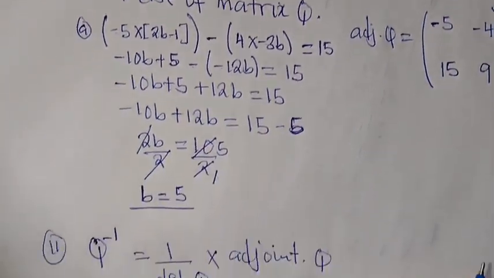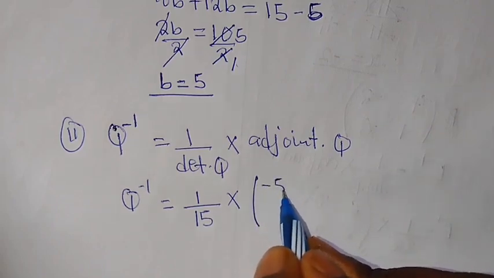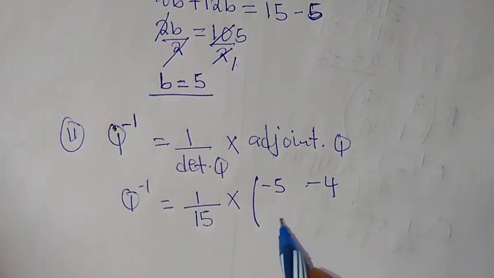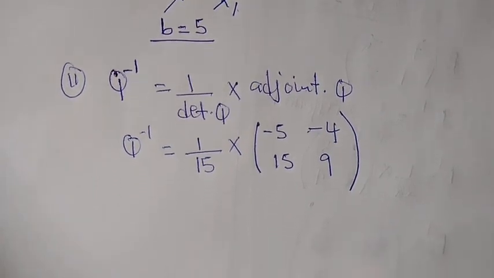So it's the one that we are just going to substitute right here. We put the adjoint, which is negative 5, negative 4, 15, 9. Then we just multiply everything.